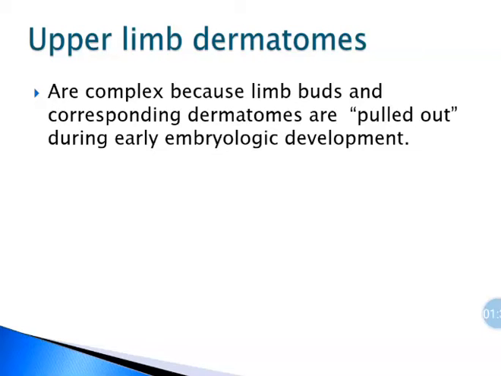The upper limb dermatomes are complex because the limb buds are pulled out during early embryonic development. That's why there is a complexity, as the limb buds are pulled out from the trunk region.